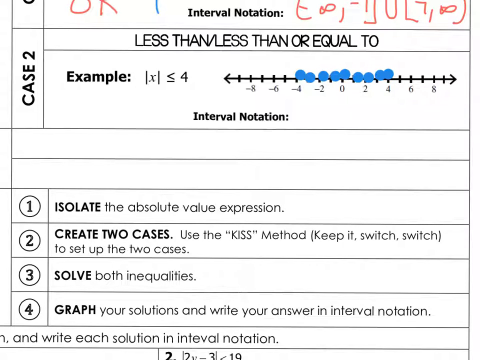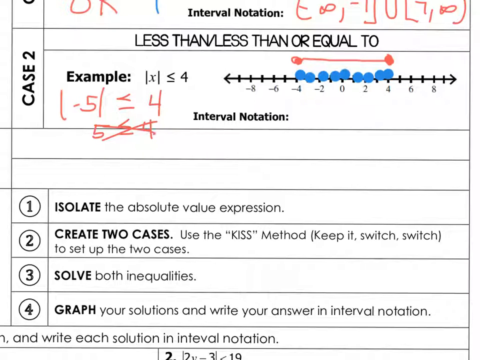So in that case, we would write the inequality so that we would have a closed circle at negative 4, and all of the values between negative 4 and 4 are valid values of x. Because if we were to put a negative 5 in the inequality, the absolute value of negative 5 is not less than or equal to 4, because the absolute value of negative 5 is 5, and 5 is not less than or equal to 4.